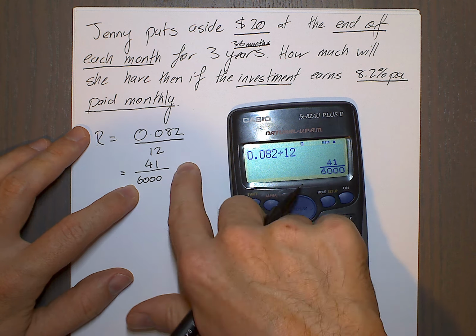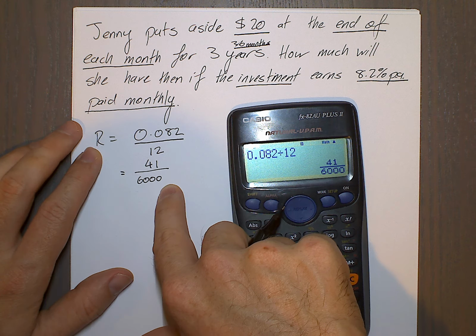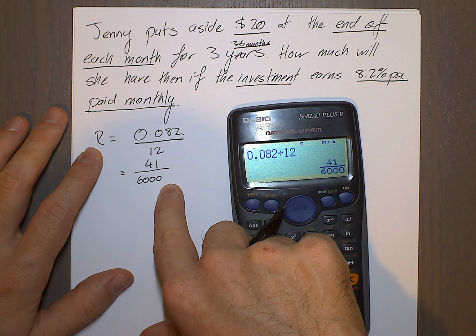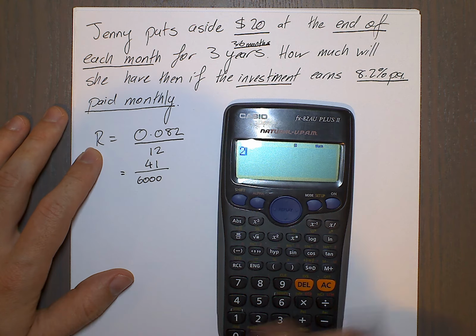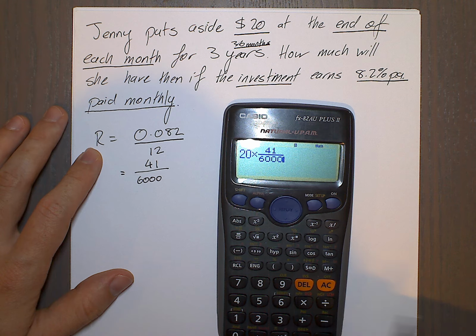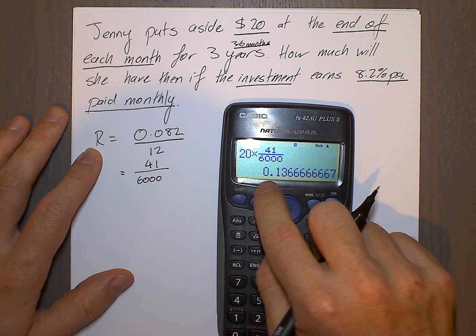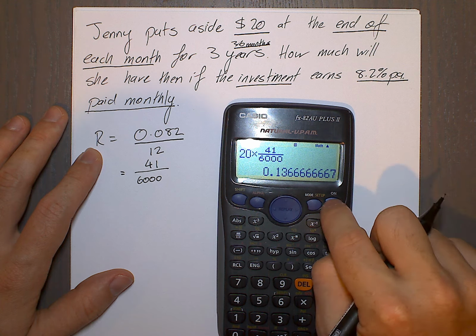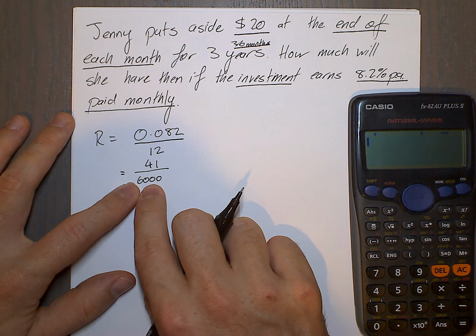If we use this fraction as our rate, it will diminish significantly. Let's just say 20 times 41 over 6,000, it's just our first one, it's going to give us not even $1.